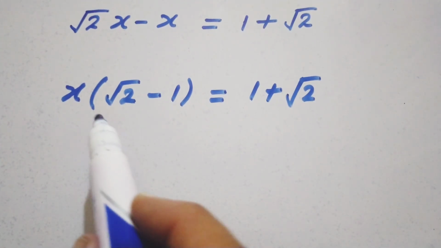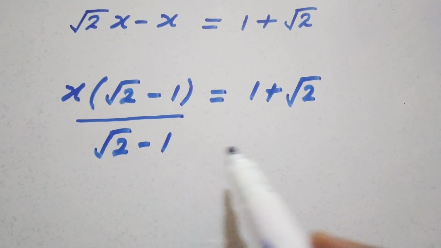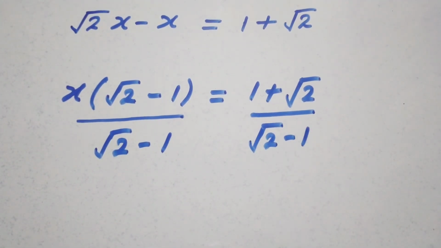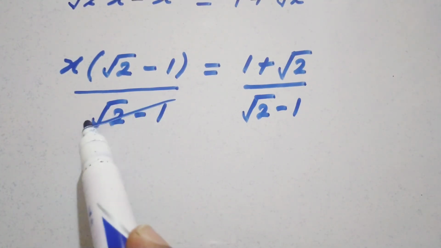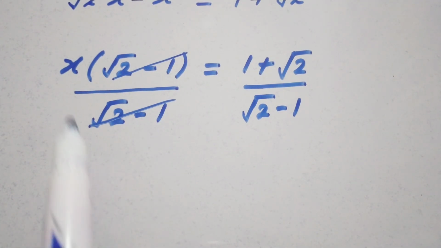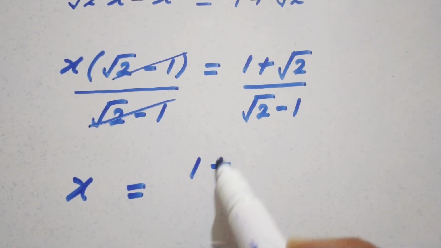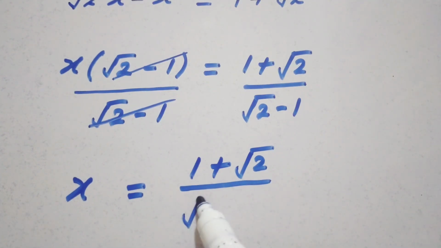Now dividing both sides by square root 2 minus 1. From the left hand side, the square root 2 minus 1 from denominator and numerator cancel out each other. We are left with x is equal to (1 plus square root 2) divided by (square root 2 minus 1).